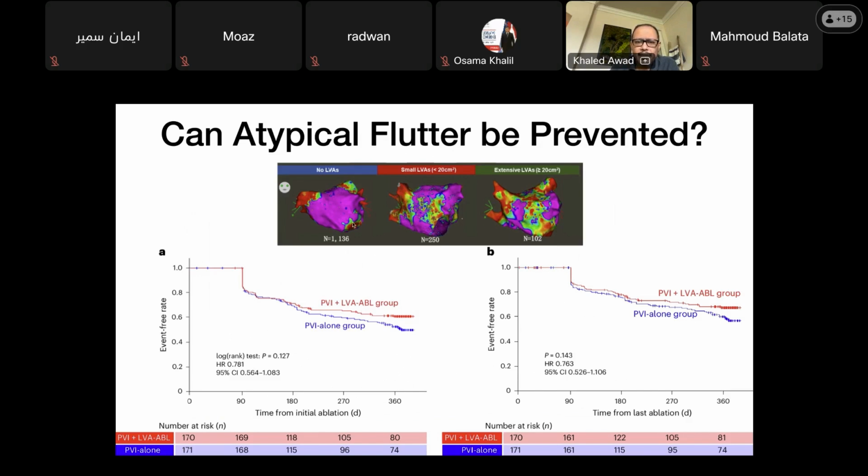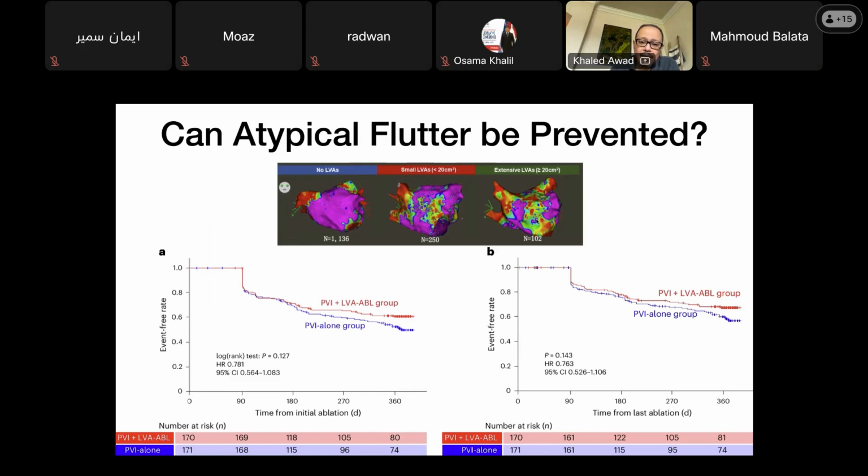They essentially took a large number of patients and did long-term follow-up, looking at arrhythmia-free survival and a lot of other things related to cardiovascular morbidity, stroke, death, and whatnot between these groups, the ones that had small voltage abnormalities, which they defined as less than 20 square centimeters, and extensive ones, more than 20 square centimeters. In my mind, honestly, both are extensive.